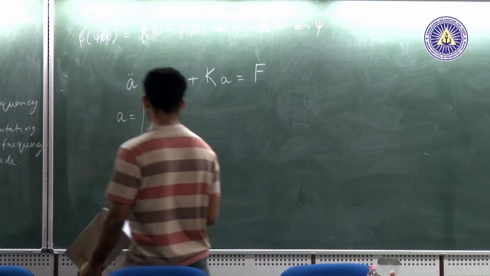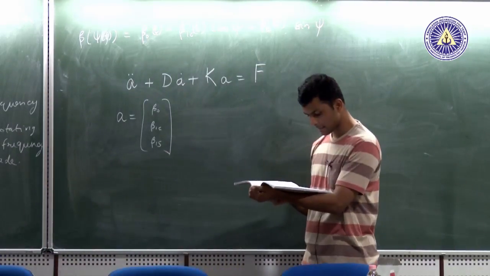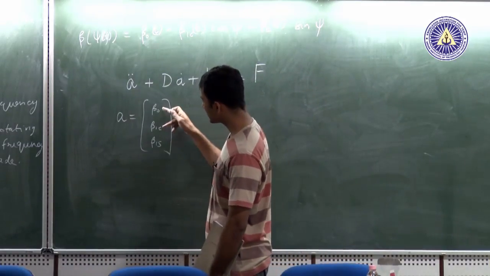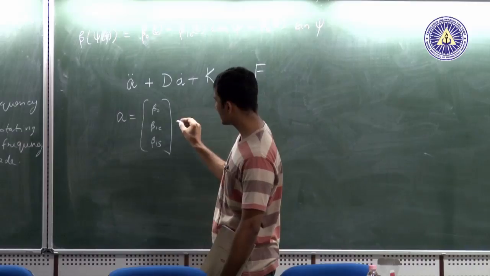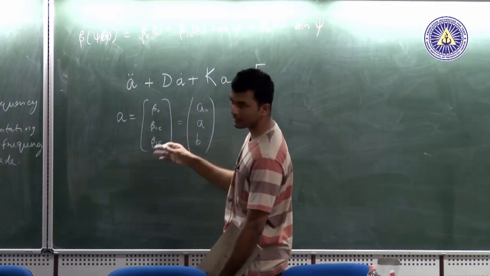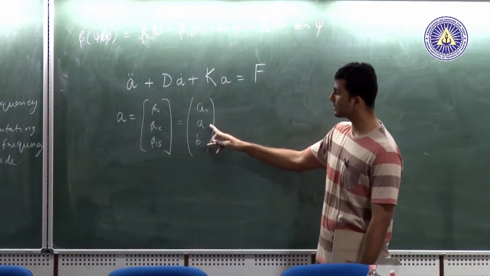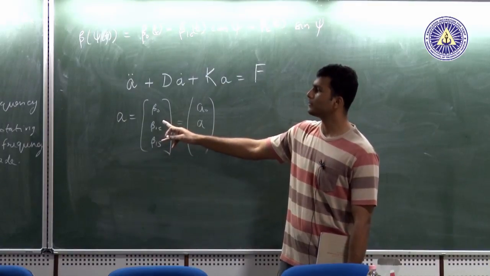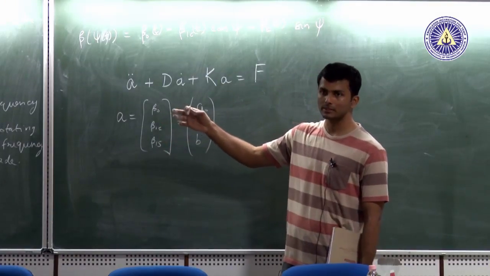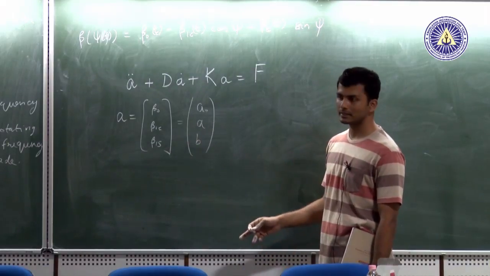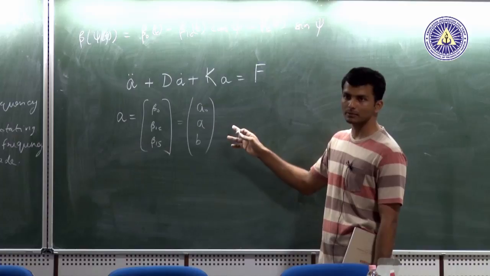Okay. And I am going to denote, rather than using beta naught, beta 1 c, beta 1 s, I am just going to call them a naught, a and b. Okay, this is just renaming, because this convention is used when you look at helicopter dynamics textbooks and all, but this convention is used by small scale helicopter community.